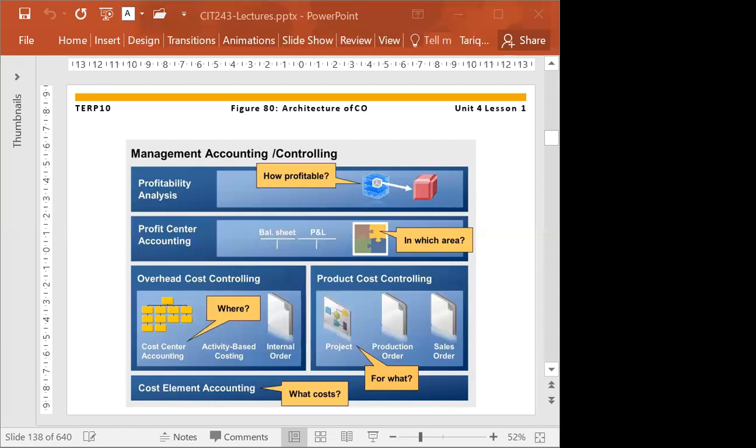For example, you have some kind of exhibition. This exhibition is like an event of 1 or 2 or 3 days. So what you can do is create an internal order for that exhibition. Any cost that happens, you just pass on that cost to that internal order.